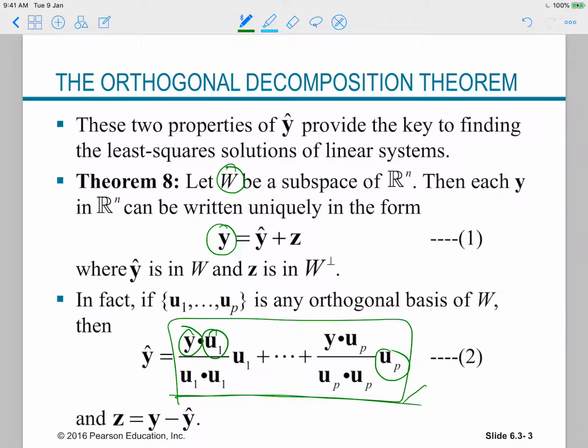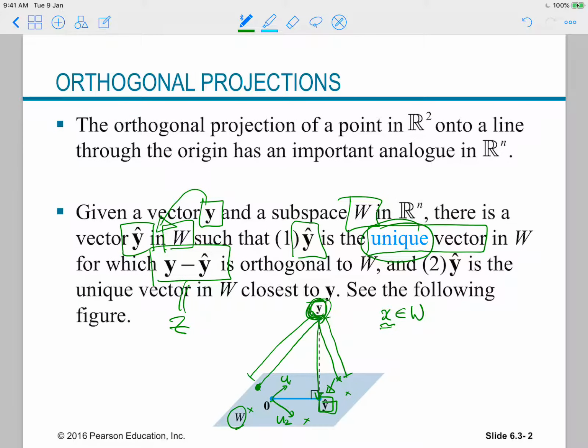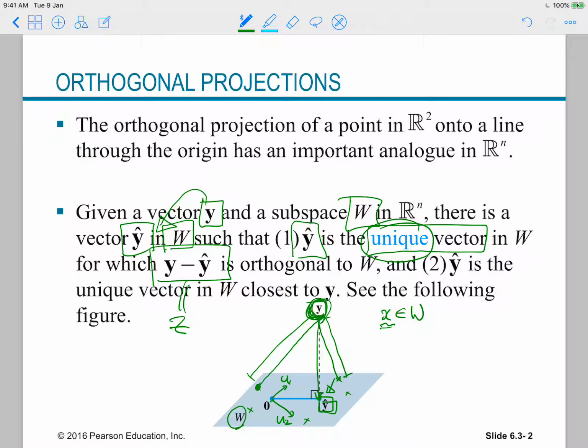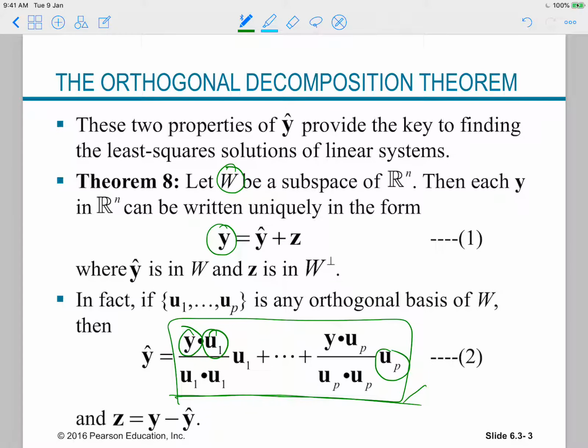And this unique point of orthogonal projection works as the best approximation of the original point y. In what sense is it the best approximation? It is because the distance between y and this point inside of W has the minimum length. So in that sense, we can view this y hat as the best approximation of y.